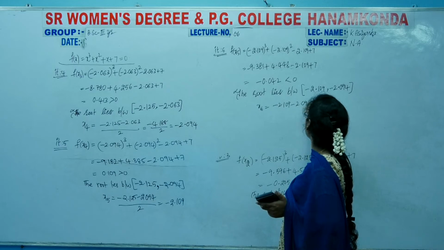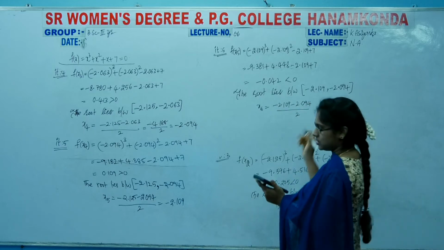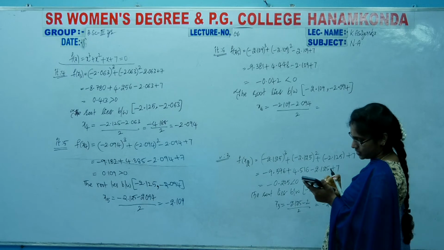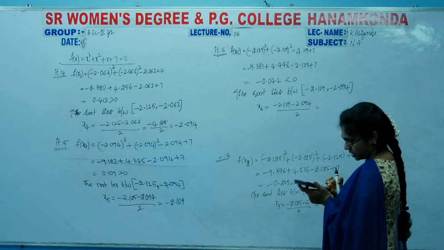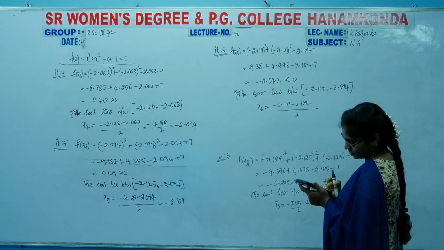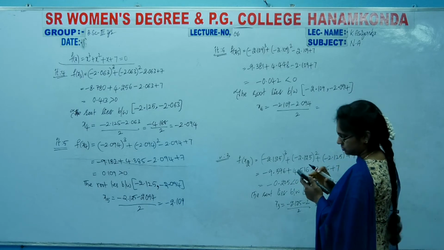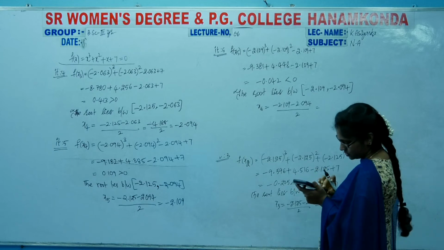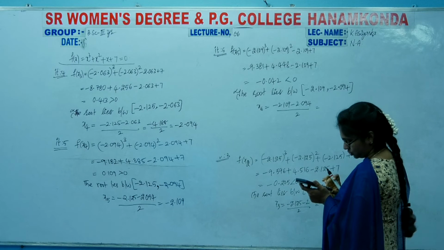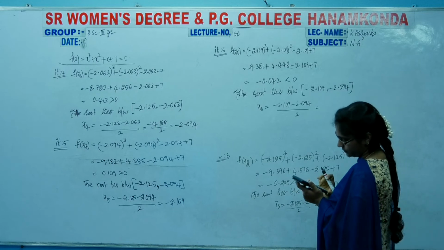x6 is (minus 2.109 minus 2.094) by 2. So then what do we get here? 2.109, 2.094, divided by 2.